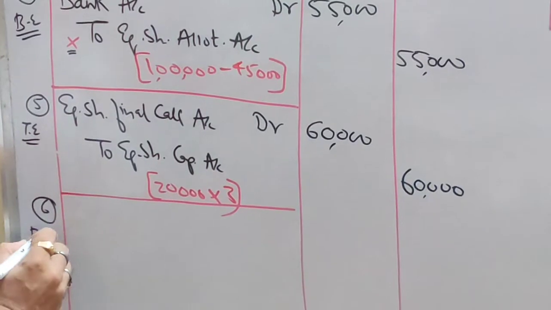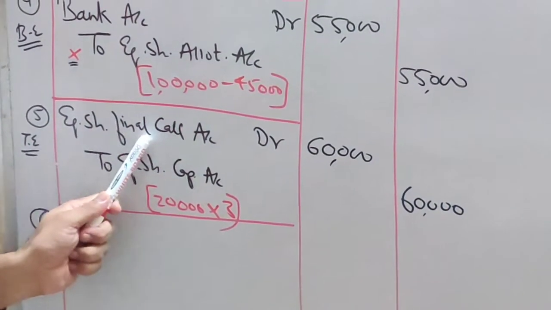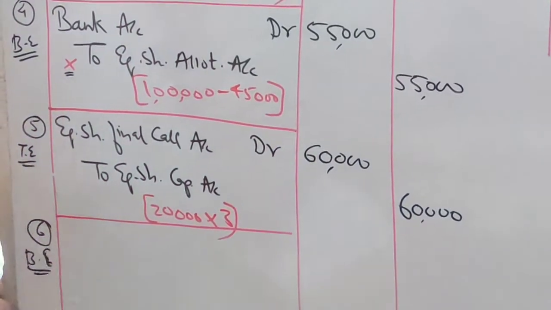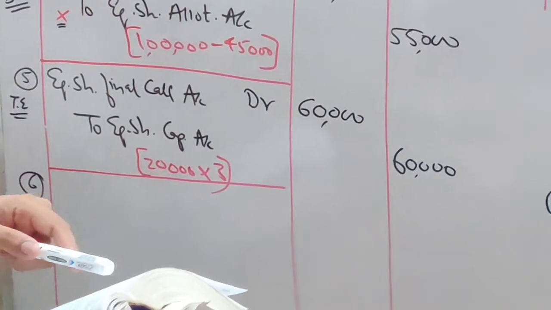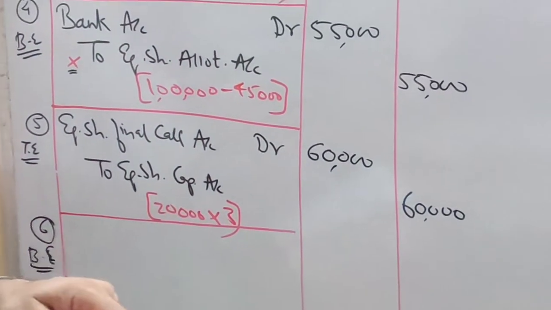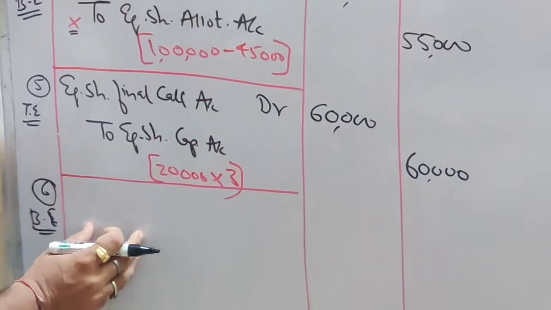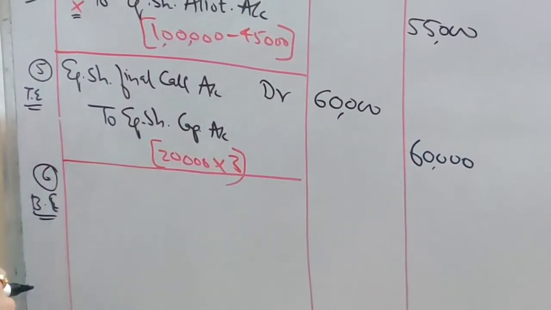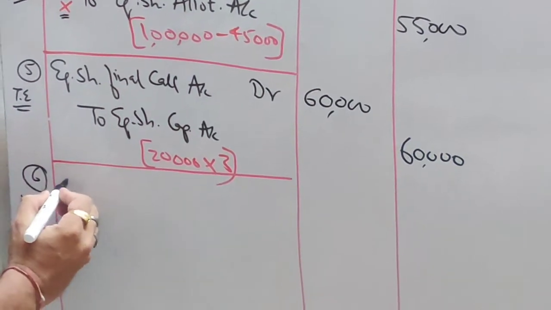Now be careful with the bank entry. Why? Because at the time of final call, in the question they have given us arrear. All money received with the exception of call money on 400 shares. So on 400 shares, we have not received the final call money. So what will be your bank entry, students?